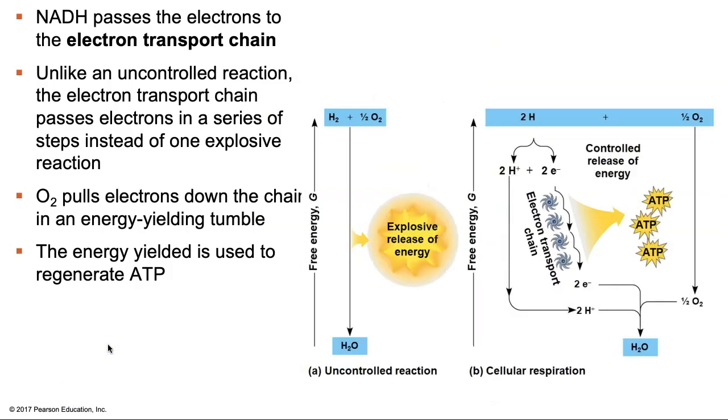Here's one more representation of that energy gradient that I just showed you, that free energy. So it's the same thing here, but here's your electron transport chain, and our free energy is increasing over here. What it's trying to show you is a comparison between an uncontrolled reaction and the cellular respiration process.